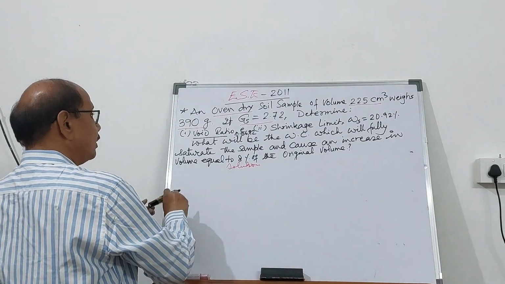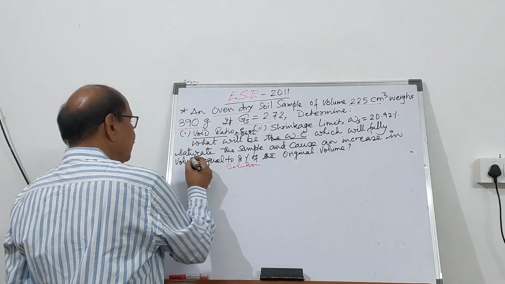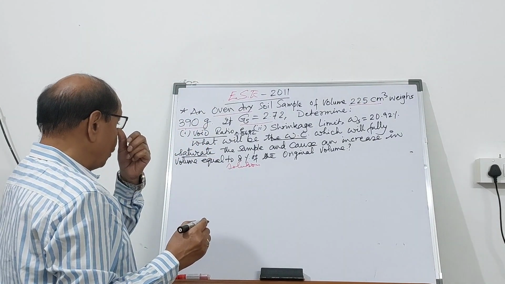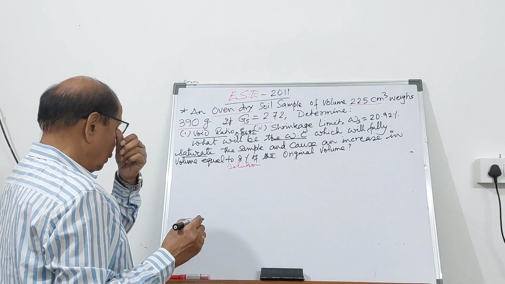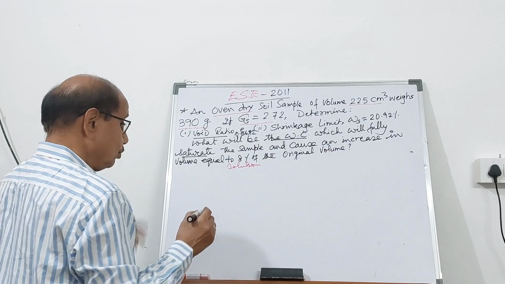Now let us go to this part. What will be the water content which will fully saturate the sample and cause an increase in the volume equal to 8% of the original volume?